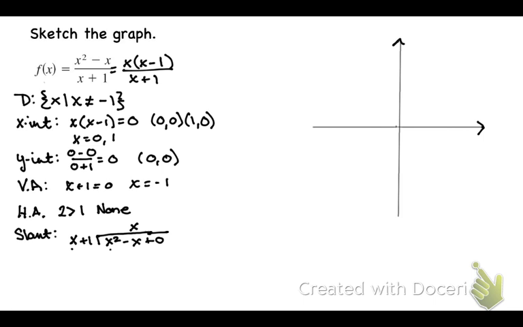No, that's why it's only 1 degree difference. Okay, so then I'm going to multiply everything by negative x. So I get negative x squared minus x, and I get negative 2x, plus 0.